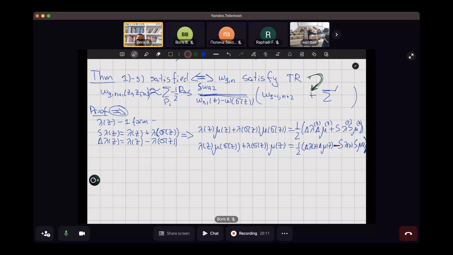So we will have omega g,n equal to something, and I want to rewrite this something in the form of the initial definition of topological recursion. The general logic is very simple: we want to see that the expression on the right-hand side coincides with the initial definition of topological recursion.